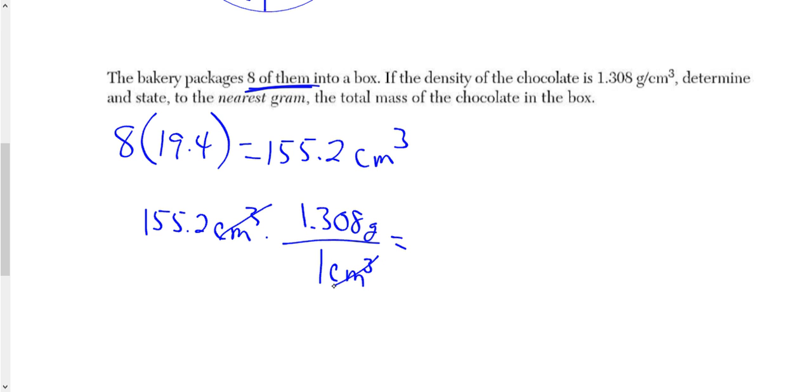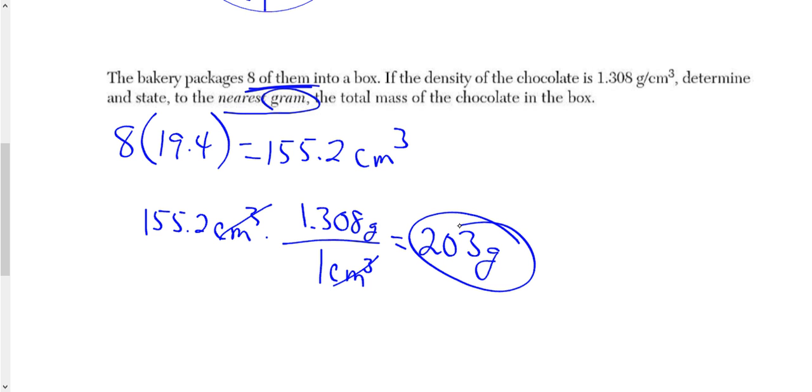And then they cancel. And what do we get? 203, to the nearest gram, right? Everybody agrees 203? 203 grams. Okay.